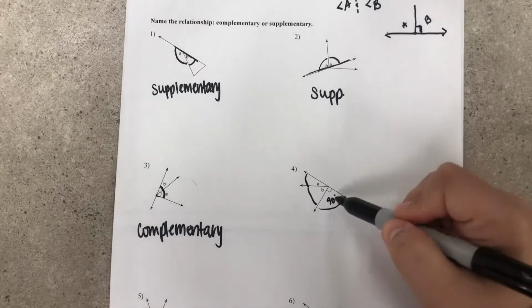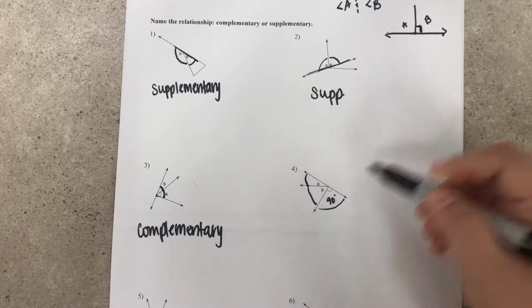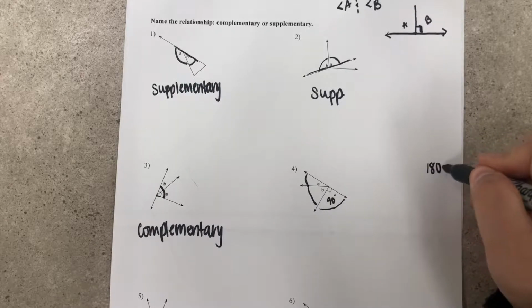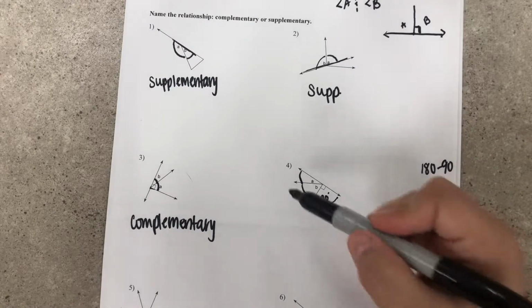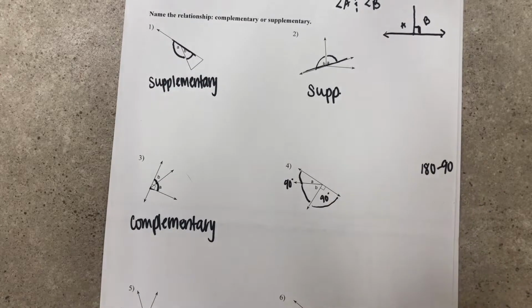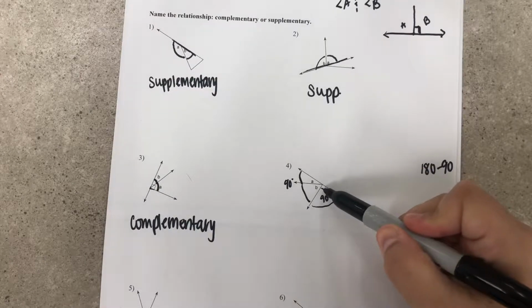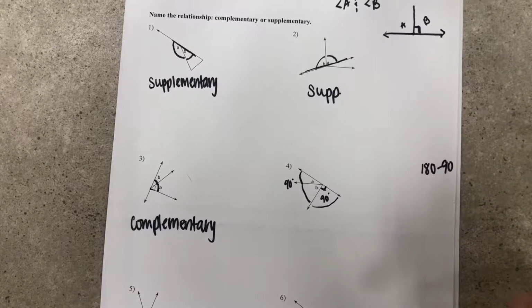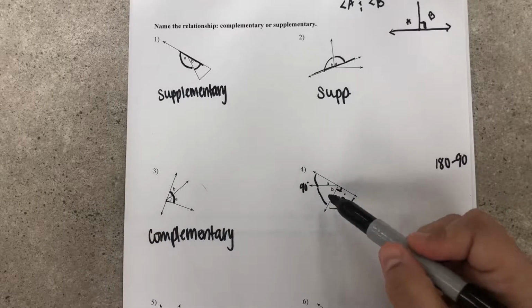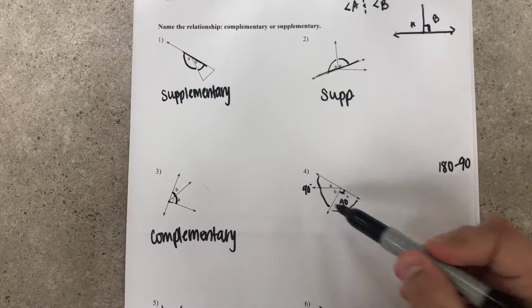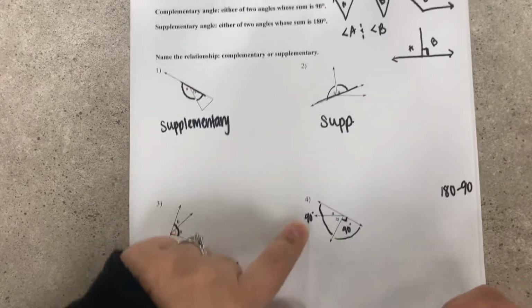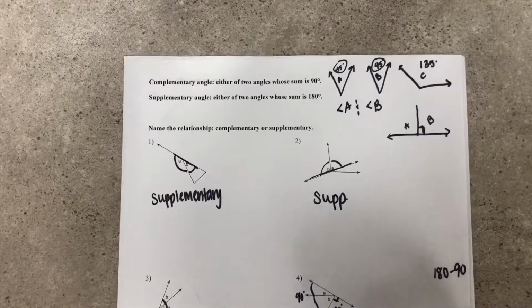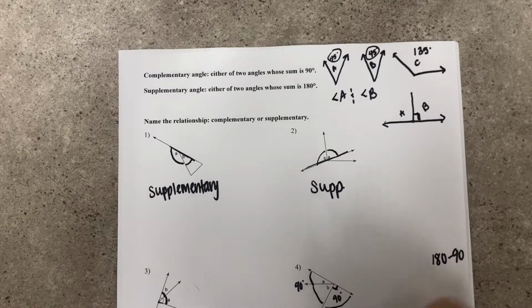So I know if this side is 90 degrees, then 180 minus 90 means this other side over here has to be 90 degrees as well. So even though it's not marked with this box, we can still figure out that this side is 90 also. Well, if A and B equal 90 degrees, we know they're going to be complementary.